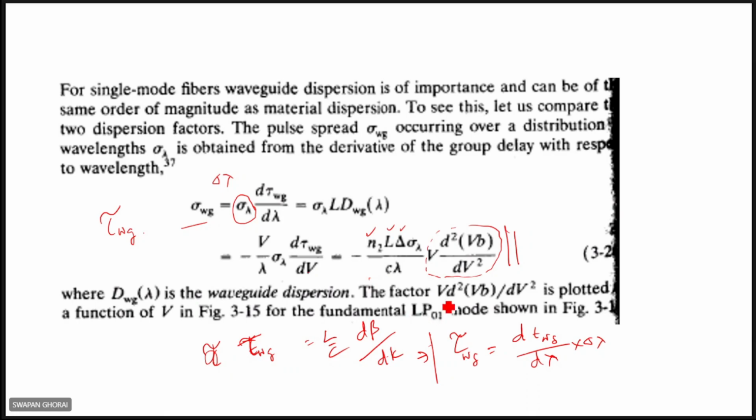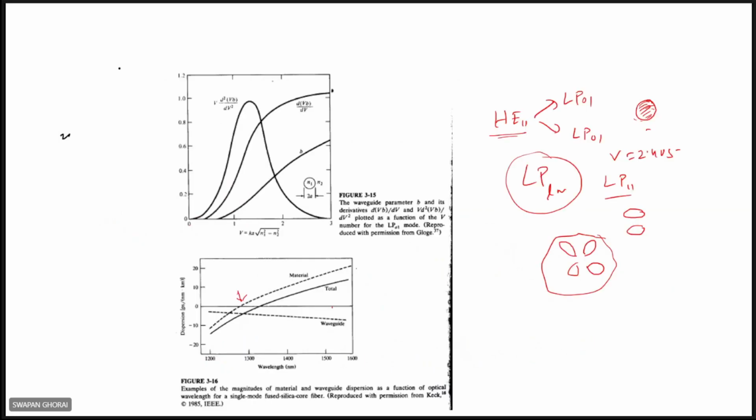This factor is generally plotted as a function of V, say for the fundamental mode, since in a single mode fiber you have to consider the fundamental mode. You see the values for different values of V, but it should be within 2.405.